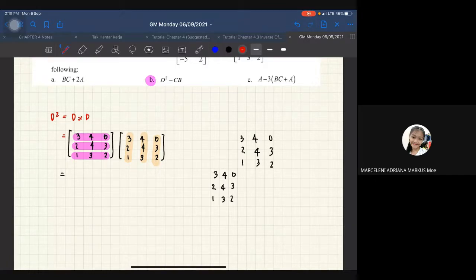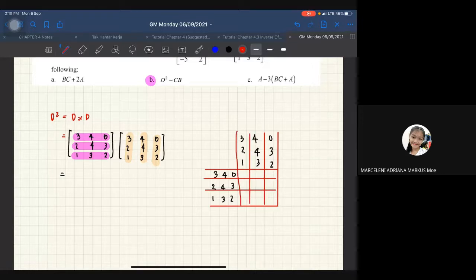Okay, and then saya akan buat garisan. This one. Okay, so garisan ke bawah pula. Okay, so the idea of multiplication is actually awak akan darabkan setiap elemen dekat sini.